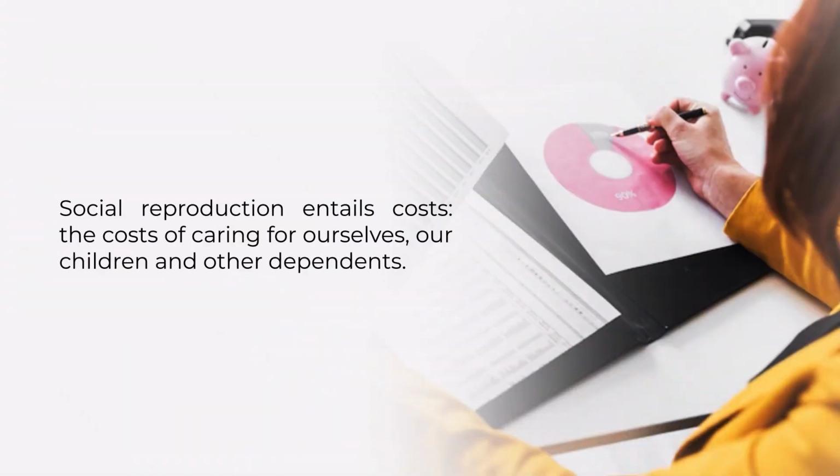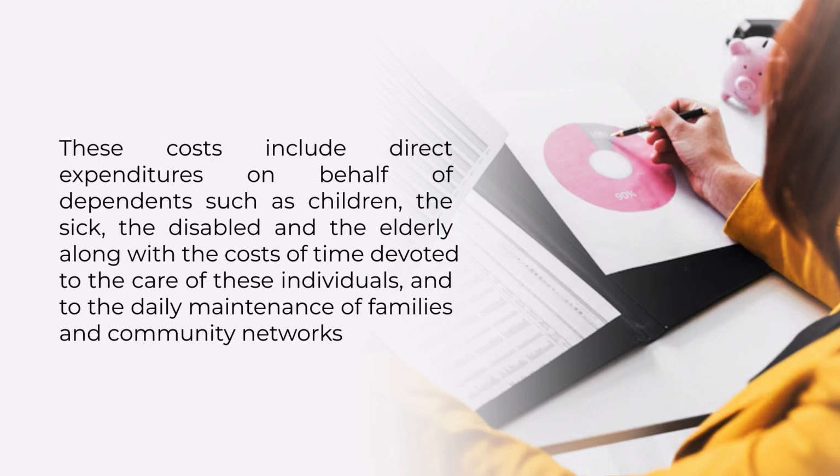In this, social reproduction entails the cost of caring for ourselves, our children, and the dependents. These costs include direct expenditure on behalf of the dependents, such as children, the sick, the disabled, and the elderly, along with the cost of the time devoted to the care of these individuals and to the daily maintenance of families and community networks.